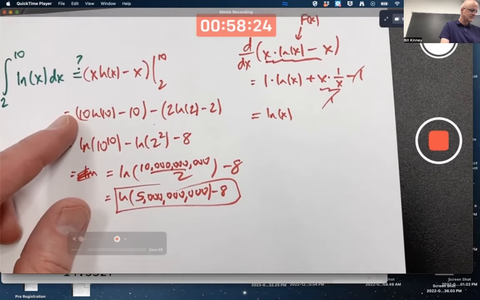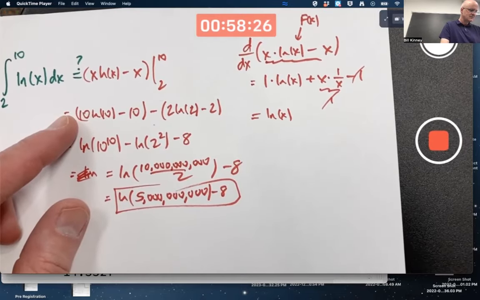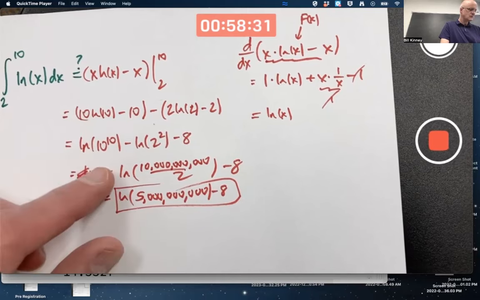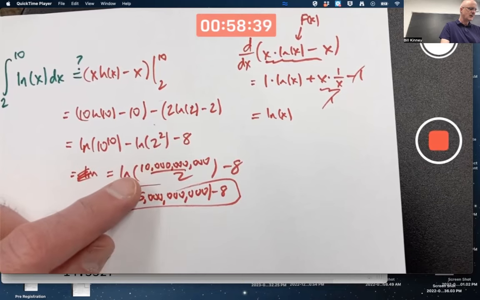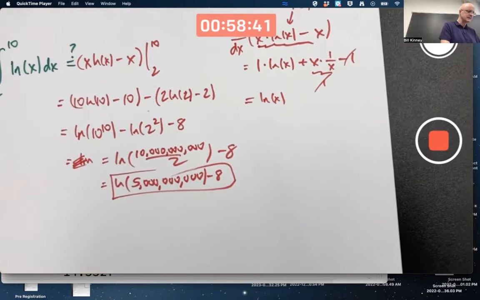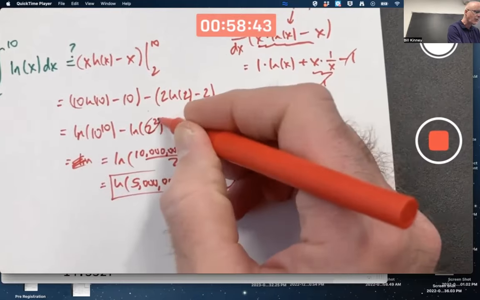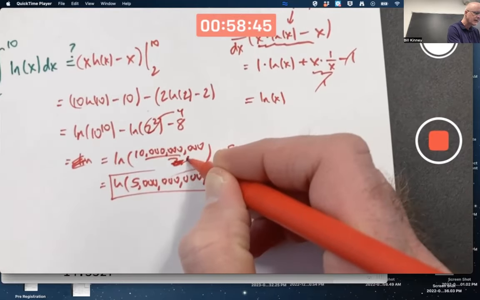Checking up here first. Ten to the ninth is a billion, so 10 to the 10th would be 10 billion. That's ln of 2 squared. Oh, I see my mistake. That's a 4 there, so this is a 4 here.